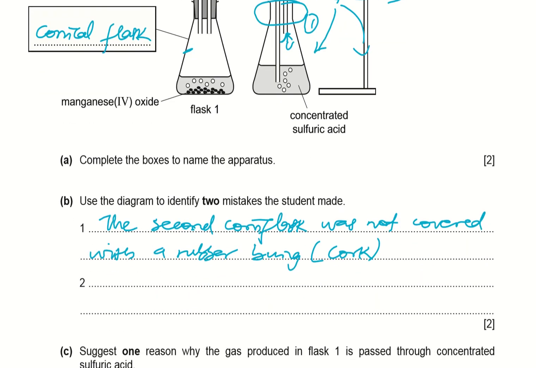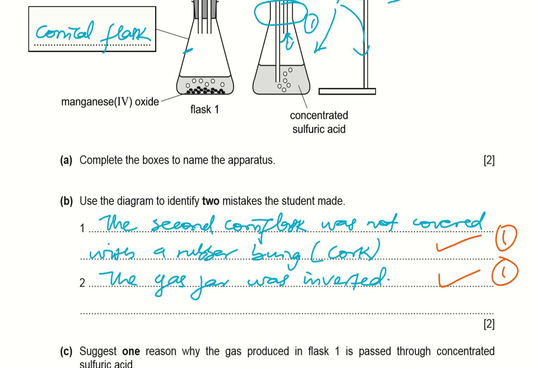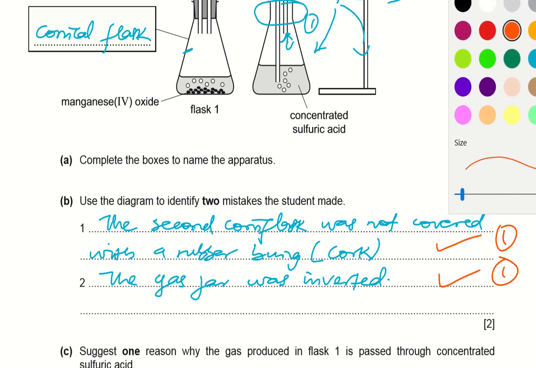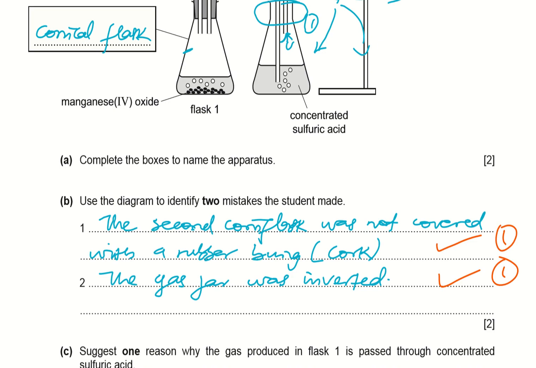And the second error was that the gas jar was inverted. The gas jar shouldn't have been inverted. So that you are going to score your 2 marks. Get your 2 marks there, and you will be correct. Okay, so that's absolutely correct. You score 1 mark here, and of course you score the second mark there. So responding thoroughly to question is very important.